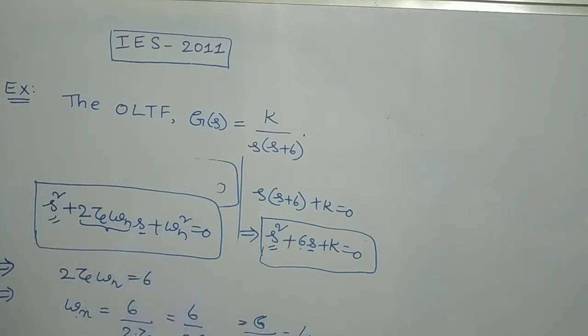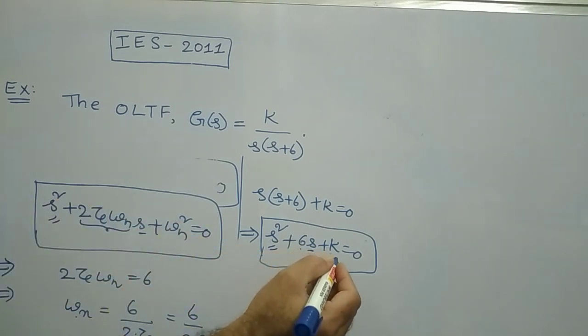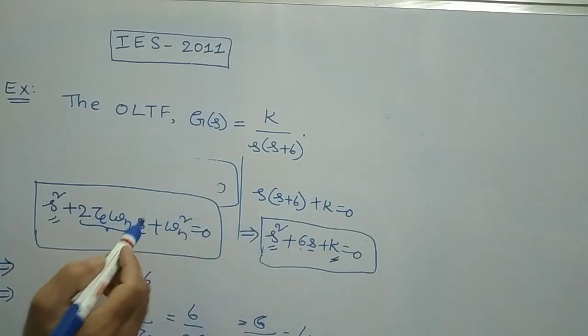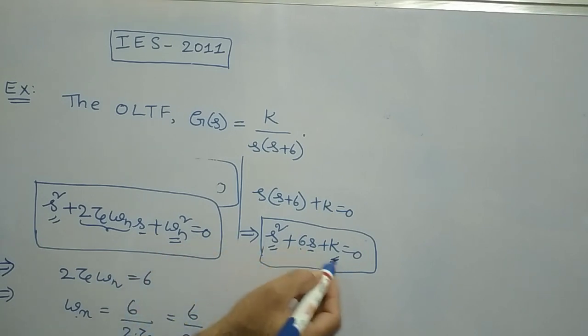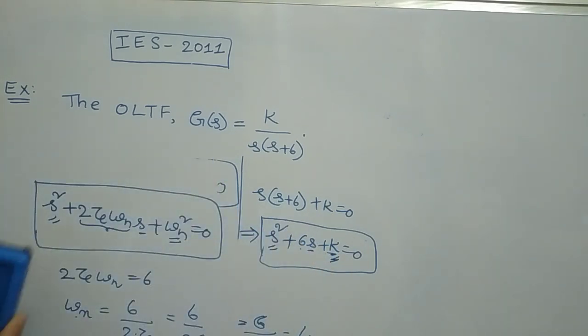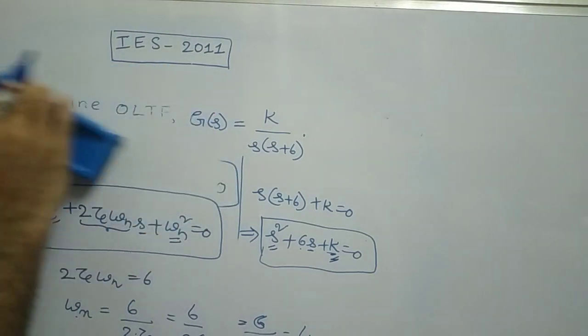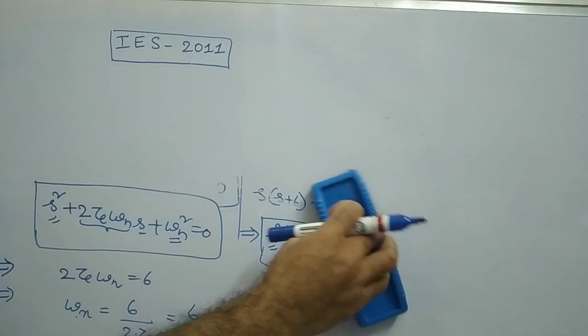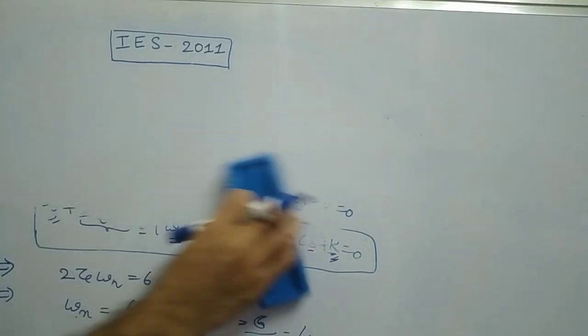Then our aim is to find the k value. We have equated the s terms. Now omega n square is equal to k. Therefore k is equal to omega n square. Remember that.